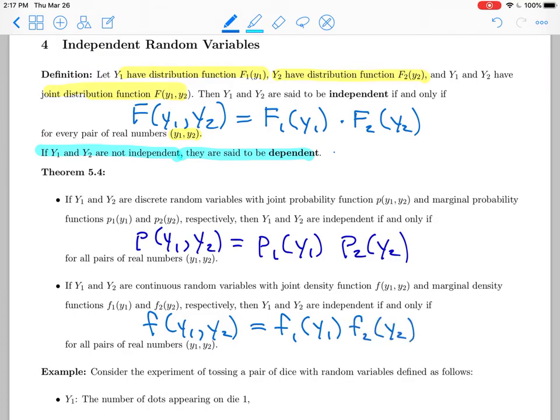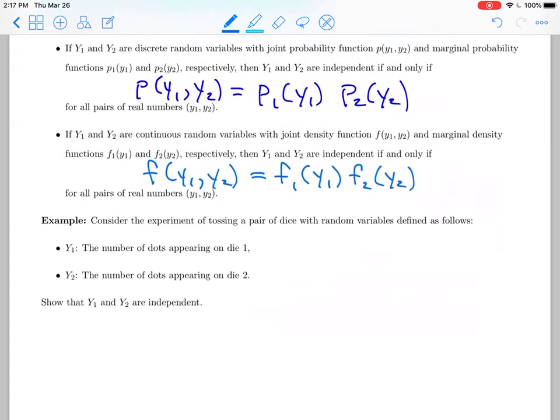And notice that this is an if and only if, so it is sufficient to say we know that it's a product of each of the marginal density functions, so it has to be independent. Or you could say if it's independent, we know that the joint density has to be the product of the marginal densities.